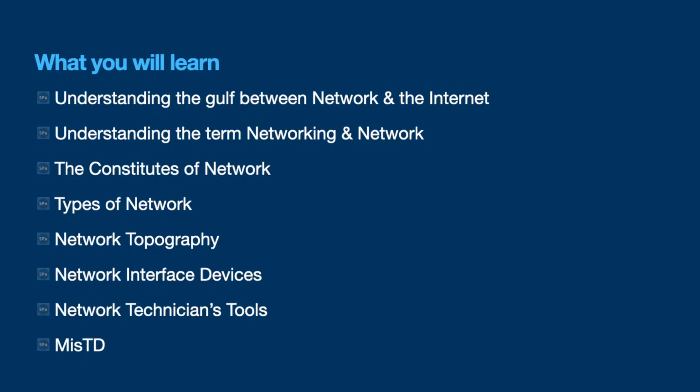And of course, the third outline, we have the constituents of a network, that has to do with the parts of a network. So you'll be learning types of network, network topology, network interface, and of course, network technicians.